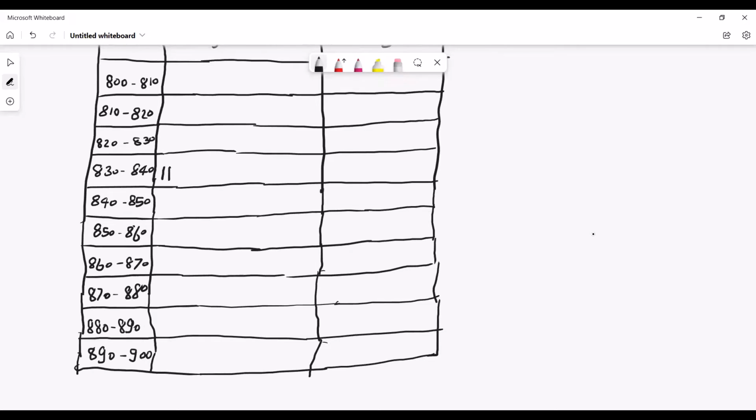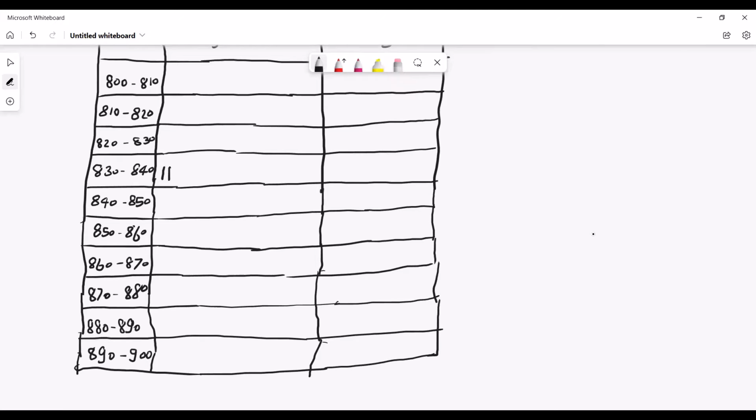the last row as well as the next to last also. Okay, then 880 to 890 is there, as well as 890 to 900. I have just told you that when 830 is coming, that 830 we have marked not in the 820 to 830 group, but we have marked in the 830 to 840 group.